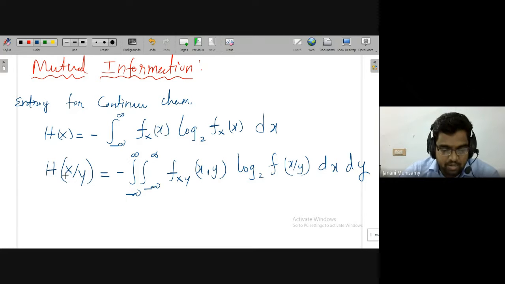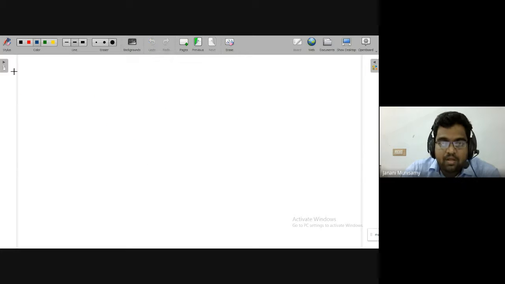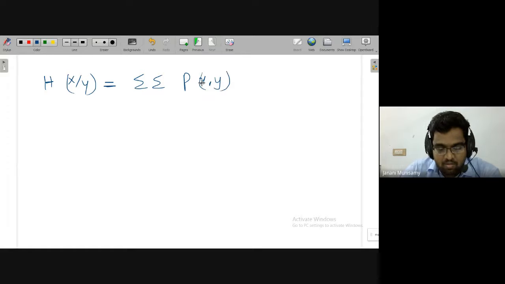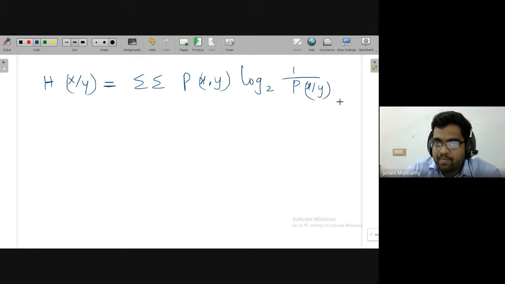Then for the discrete case, what is the entropy? Conditional entropy, say h of x given y for discrete cases. Instead of integration, we will use summation. Instead of PDF, here we will use probability, the joint probability mass function, p of x comma y, and then log base 2 1 by p of x given y.